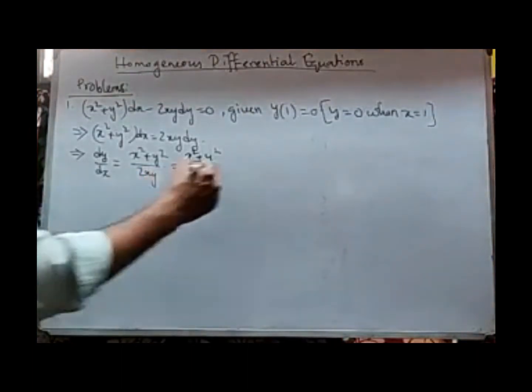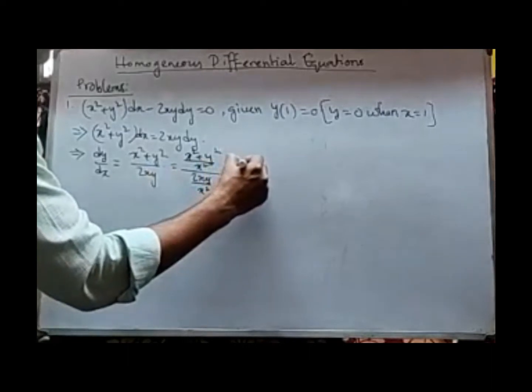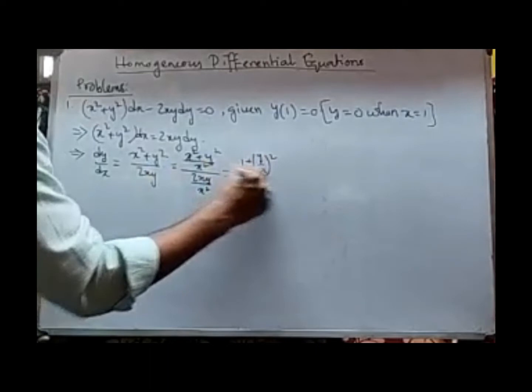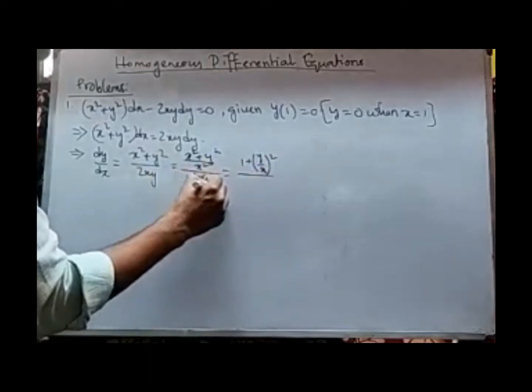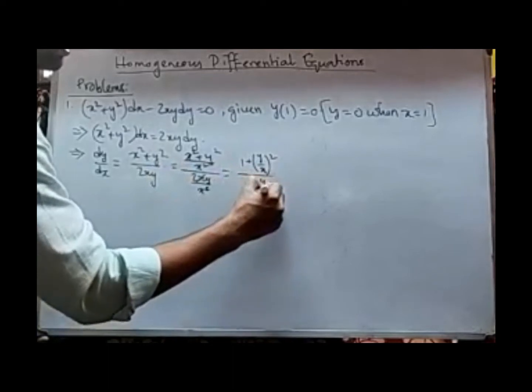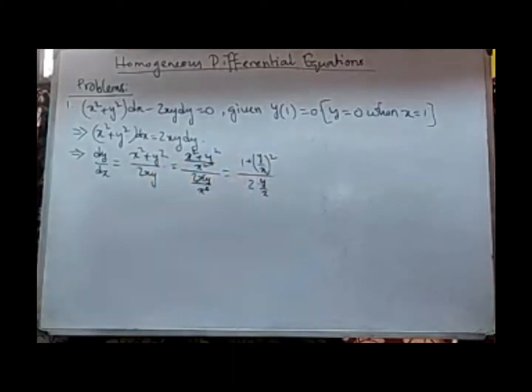Then you can just split it out in two terms. So it is 1 plus (y by x) whole square, and in the denominator, if 1 x is cancelled out, you can write 2 into y by x. So see, it is a function of y by x on the right hand side. There are no other variables, only y by x is there.